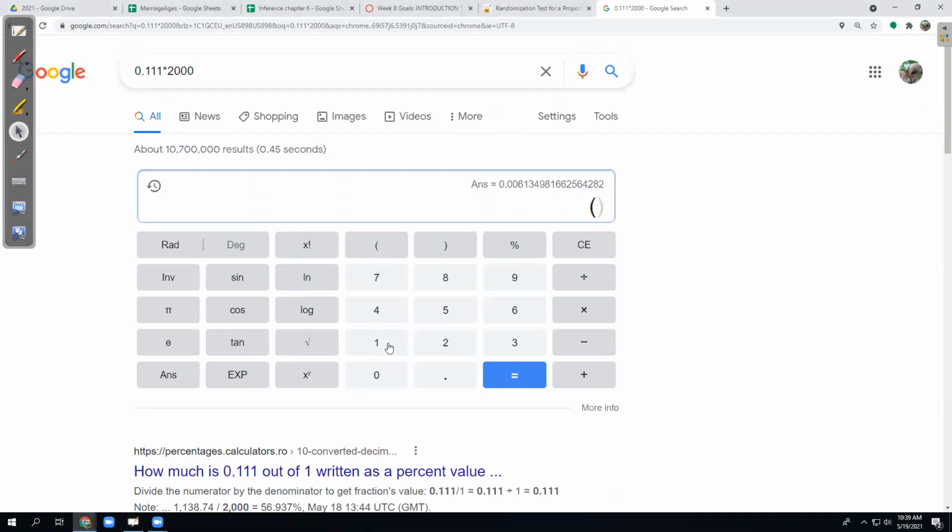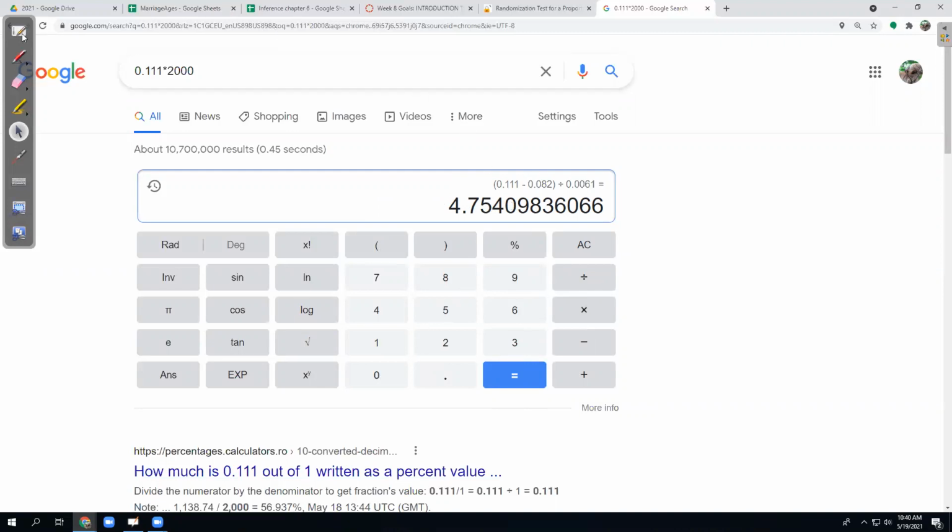So let's see, parentheses, 0.111 minus 0.082, looks good so far, divide by our standard error, 0.0061-ish. And StatKey says the z-score is almost 5. That's a big z-score. To 4 decimal places, now I have rounding error compounded because of the standard error, so I might be a little off on the 4th one.